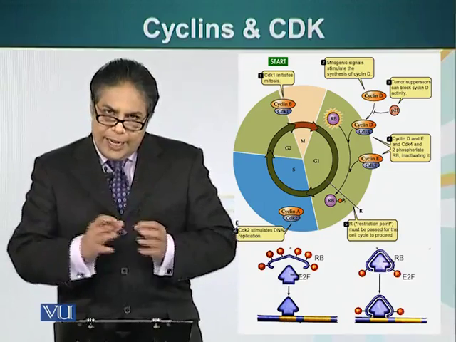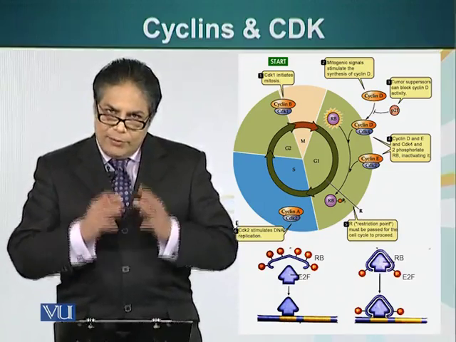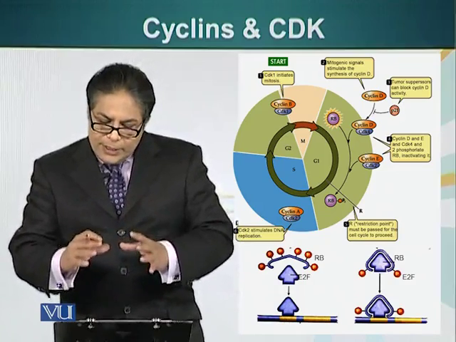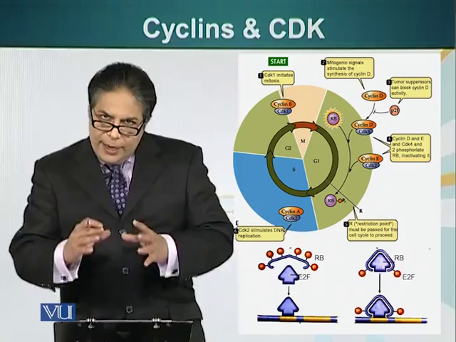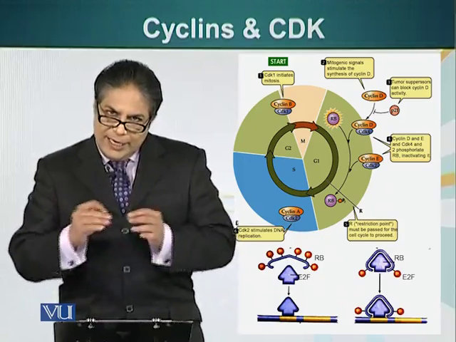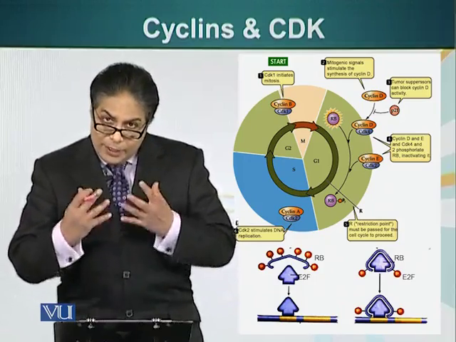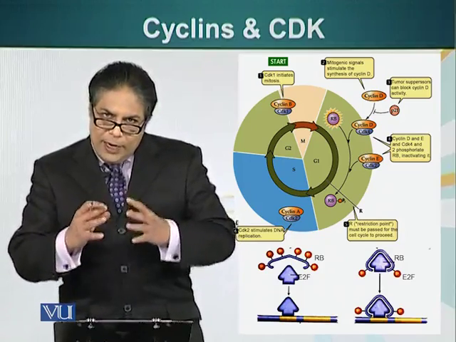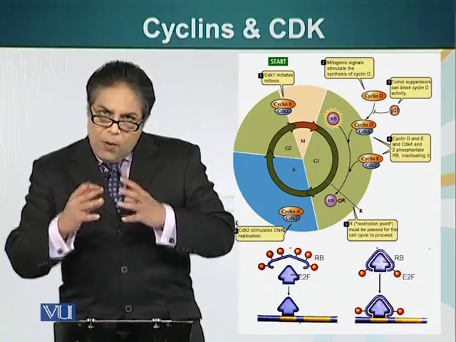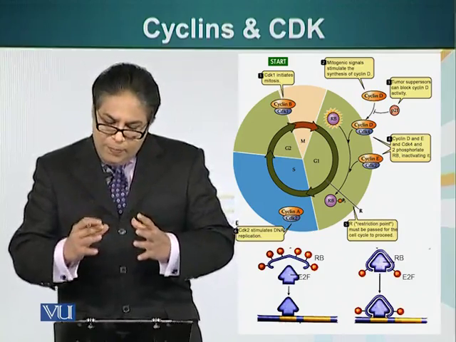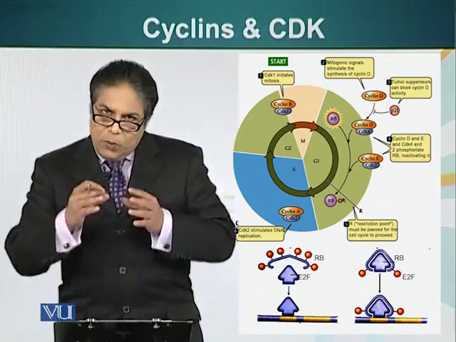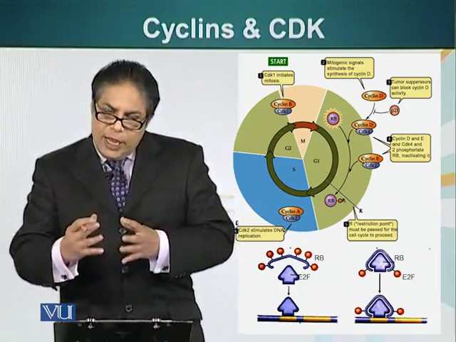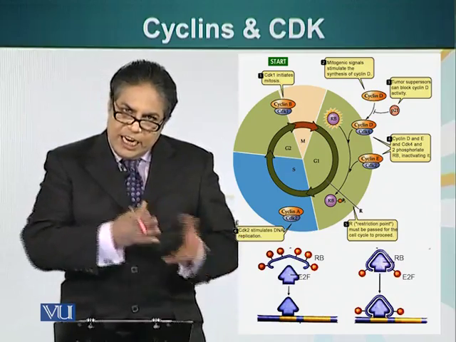Retinoblastoma protein is a brake, a negative regulator for DNA synthesis. Once the RB protein is phosphorylated by CDKs, which are now active because they are associated with cyclins, it can no longer hold an essential protein called E2F, which is required for production of proteins or machinery that results in DNA replication.